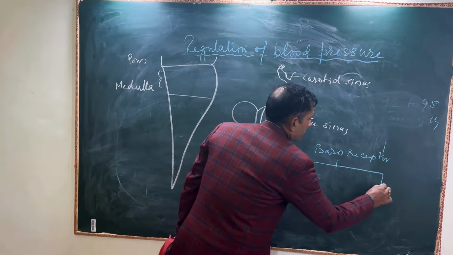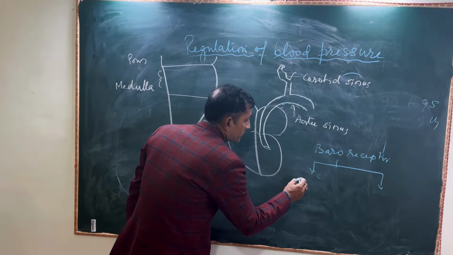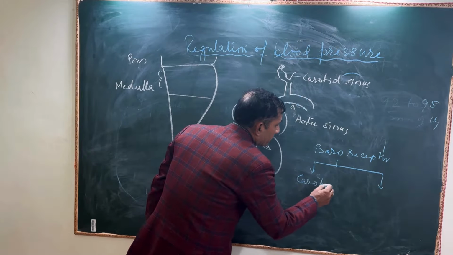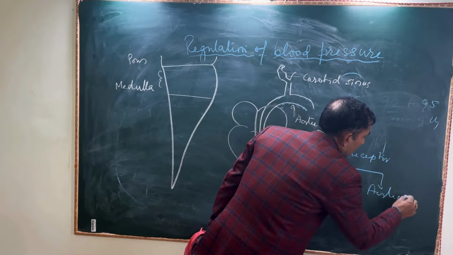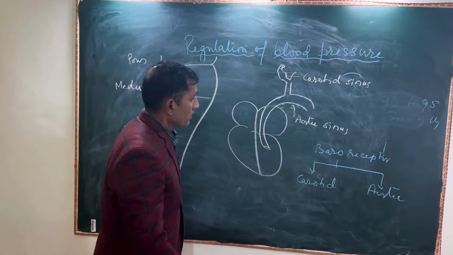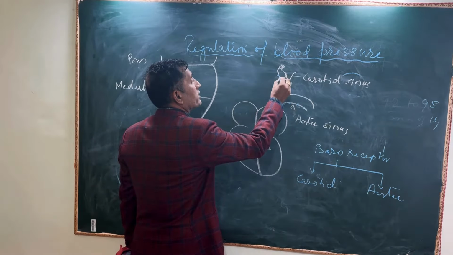This is also having different types: carotid baroreceptors and aortic baroreceptors. Carotid baroreceptors are present in the carotid sinus.